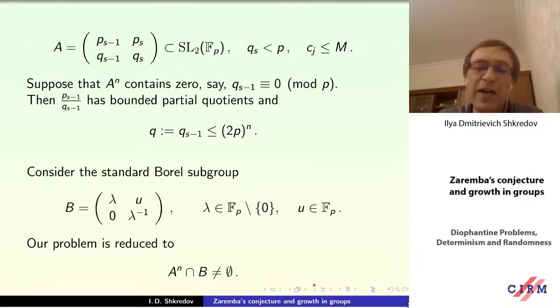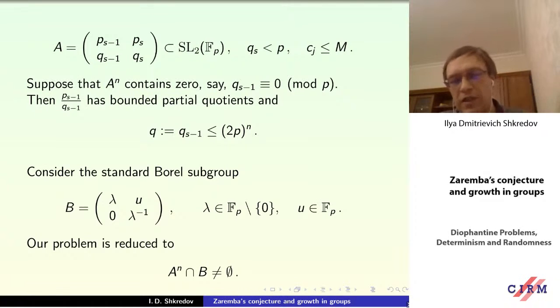I am saying that this is a classical formulation because the Borel subgroup is a very structural object. It corresponds in analytic number theory to arithmetic progressions, more or less. And A is more or less a random set.